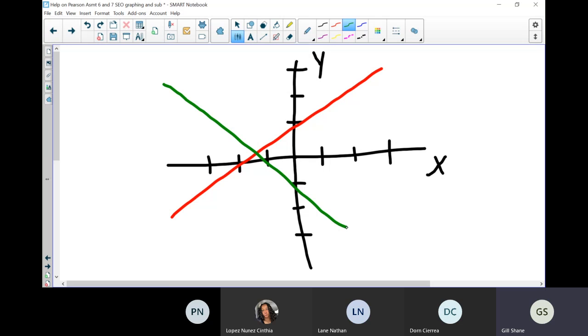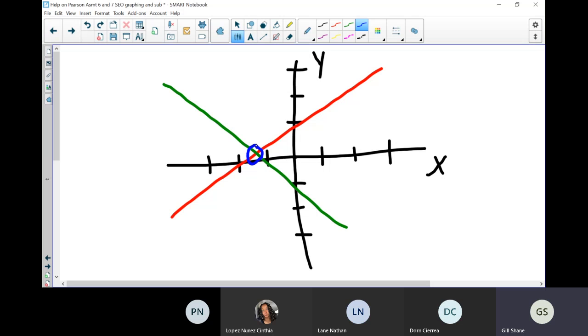If I have two lines that cross, again, the answer is the point where they cross. So this is the solution, because every point on a line is a solution to that equation. So every point on the red line would be a solution to whatever the red equation was that went with it. Every point on the green line is a solution to whatever the green equation would be.